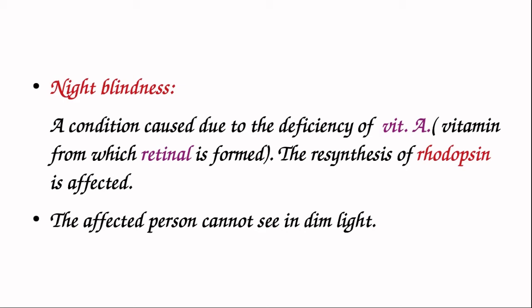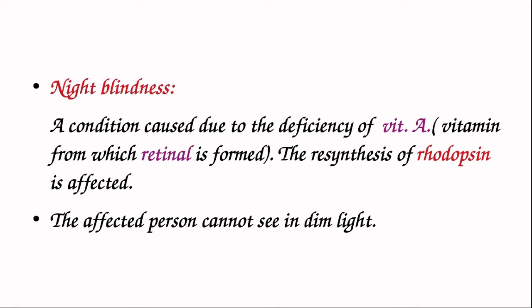You know that rhodopsin is a pigment that helps vision in dim light, and when retinal is not formed due to the deficiency of vitamin A, the photochemical reaction, that is the reaction that happens in the visual pigments by the presence of light, that is, rhodopsin breaks into opsin and retinal.